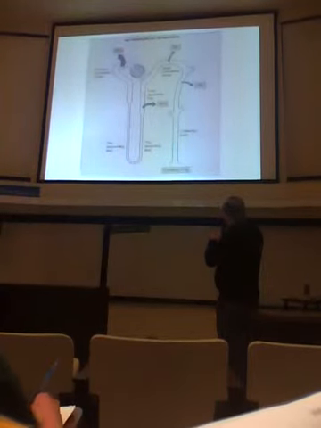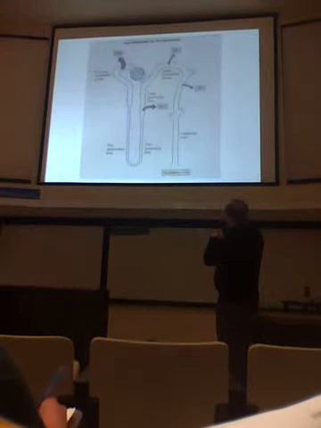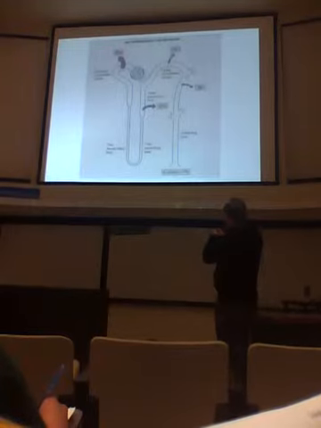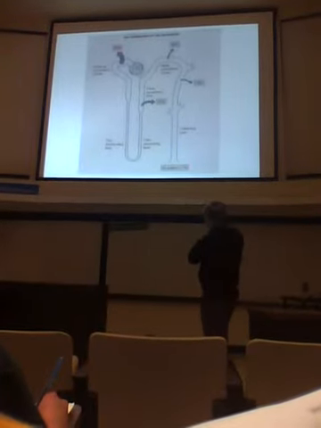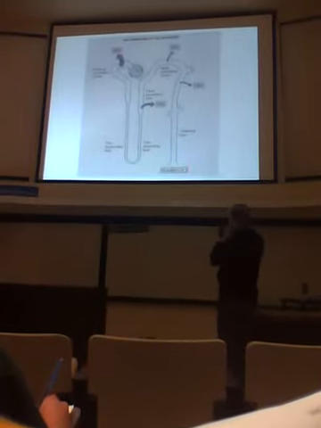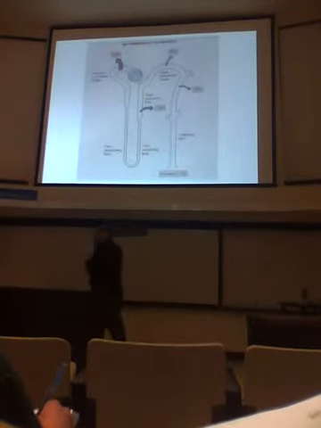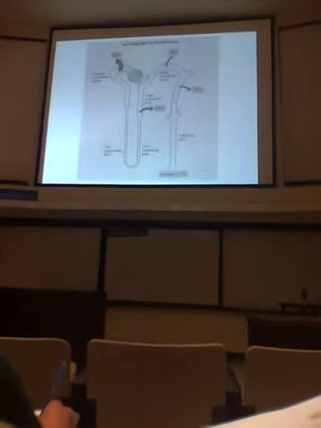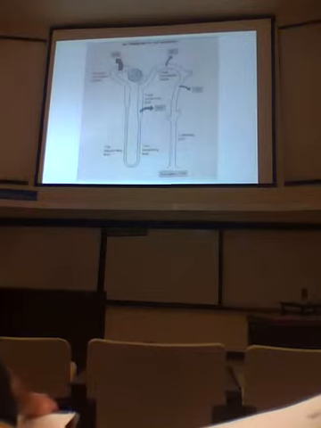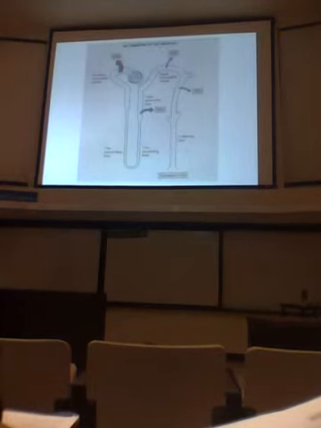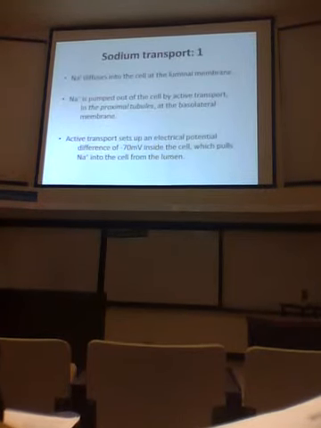We're going to talk about the loop of Henle today, and then a little bit in the distal tubule and collecting duct. And you excrete less than 1% of what you filter. So that's reabsorption of sodium, largely in the proximal tubule.